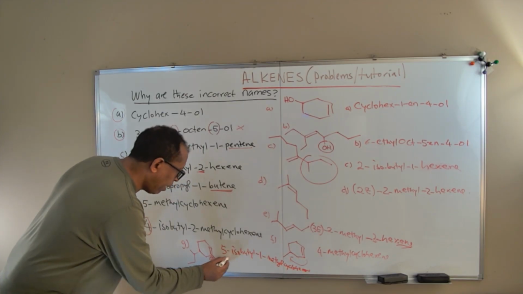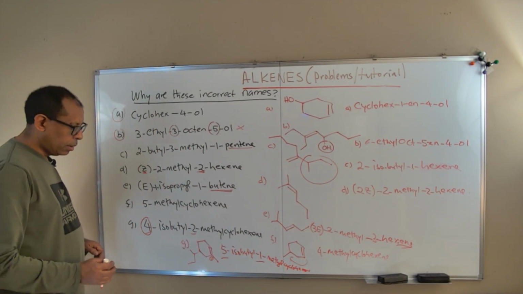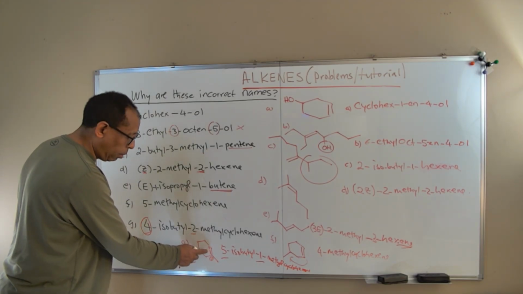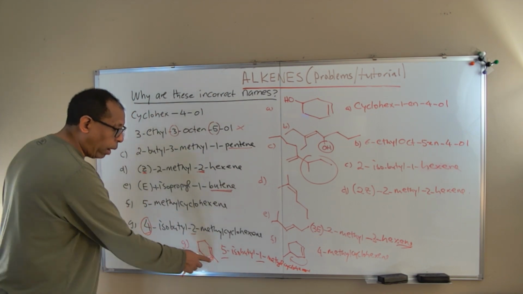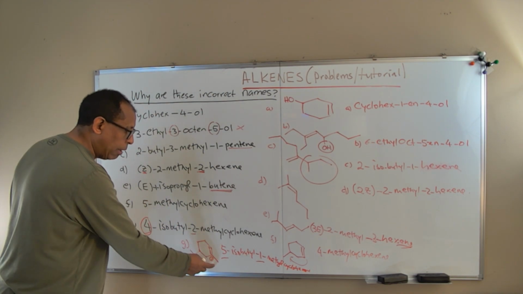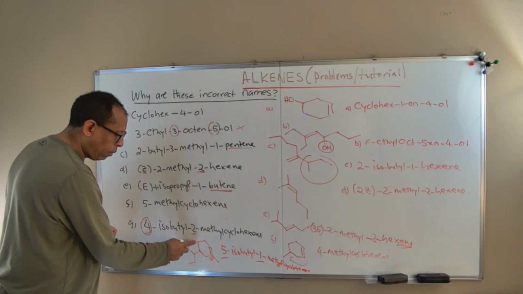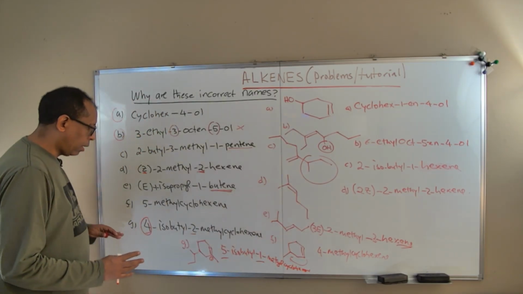So it is 5-1 rather than 4-2. The reason being that the substituted position of the double bond is counted as priority 1, or the counting should start right there. So it's a 5-isobutyl 1-methyl cyclohexene.